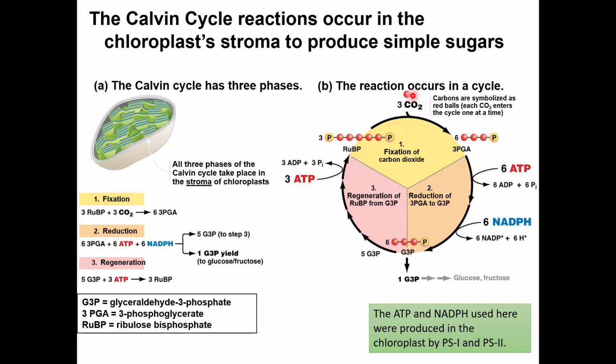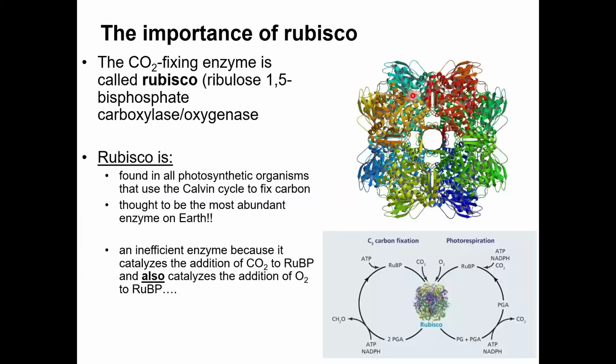And going a step further, it's important to understand this enzyme called rubisco. Rubisco is ribulose bisphosphate carboxylase oxygenase, which is a carbon dioxide fixing enzyme. It's found in all of the photosynthetic organisms that use the Calvin cycle to fix carbon.